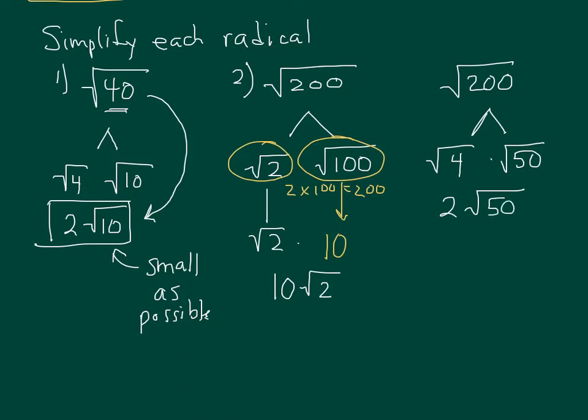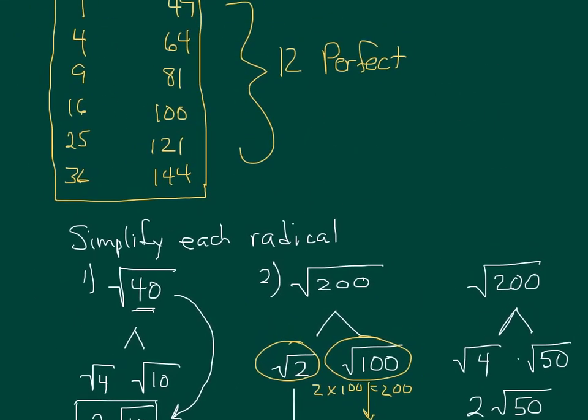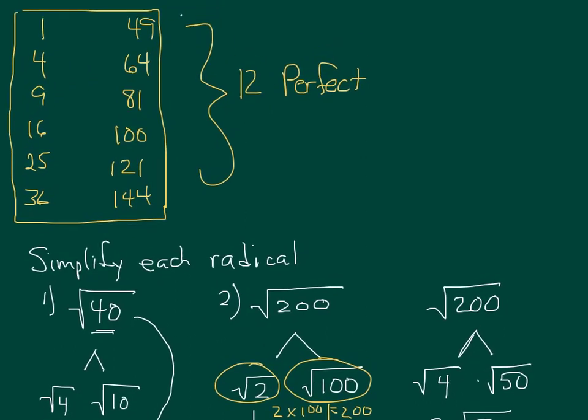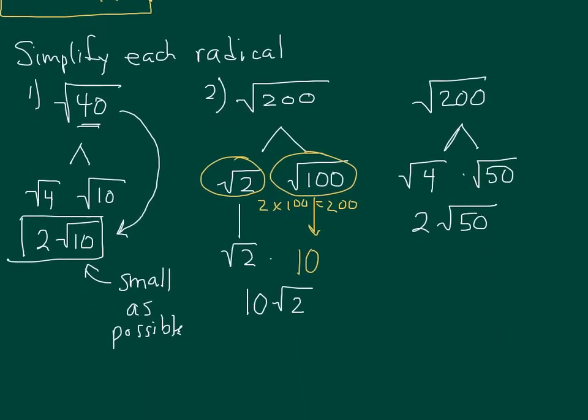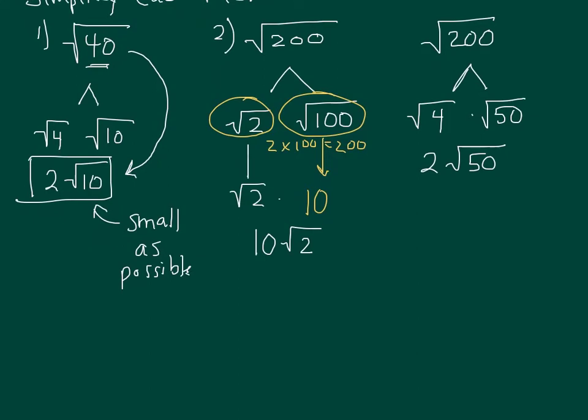But radical 50 is not broken down far enough. There's a perfect square from that list above that will go into 50, and it is 25. 25 will go into 50. So radical 50 will break down even more.